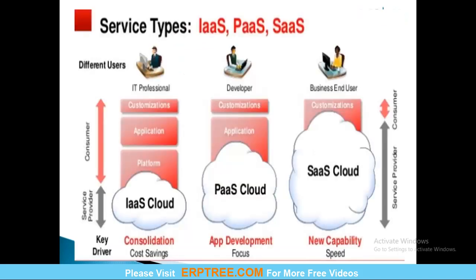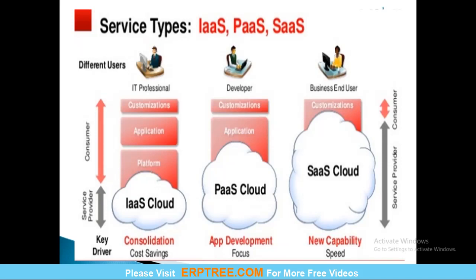So let us move forward. Some of the service types here: you will have IaaS, PaaS, and SaaS; you can look at this slide. When it is SaaS, it is completely a business user model. The business user mostly drives these applications, and speed is one of the key factors driving the SaaS cloud.